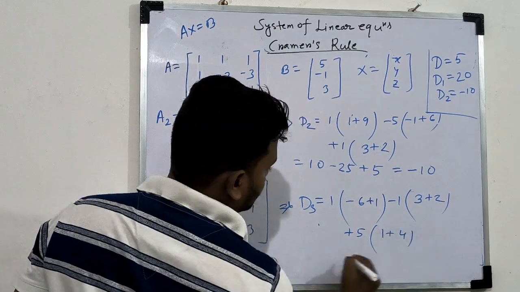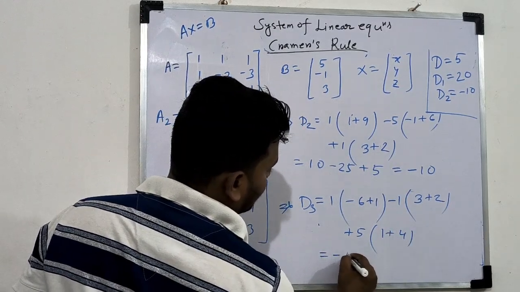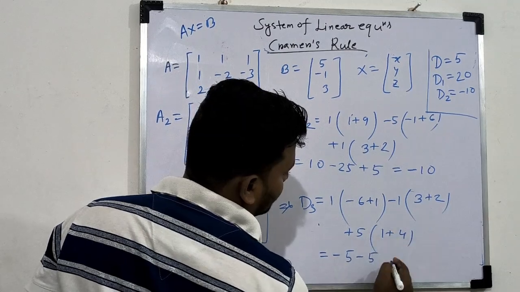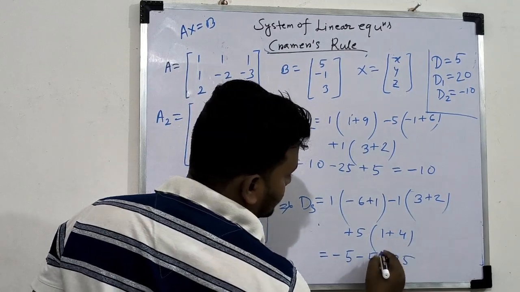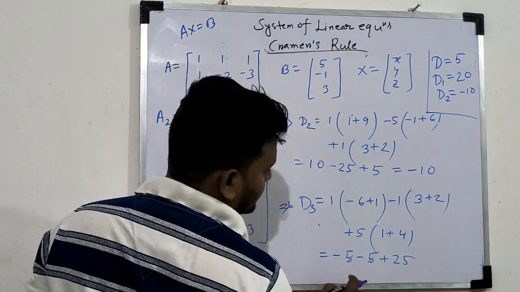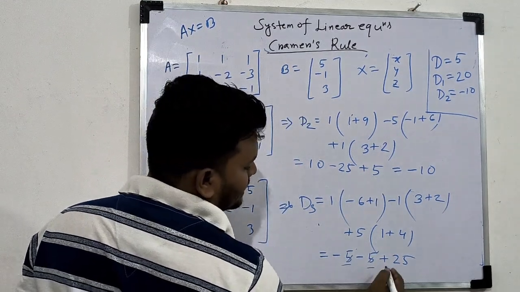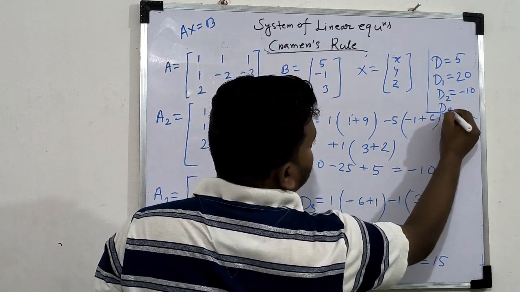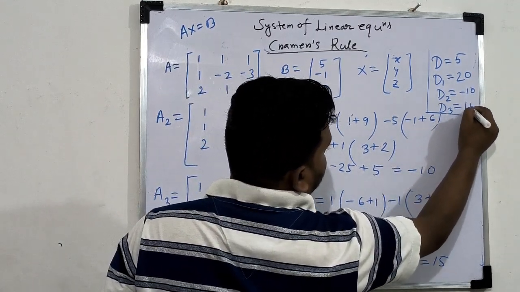So this will be minus 5, minus 5, and this is 5, 25. So this minus 5 minus 5 is minus 10, plus 25, that is plus 15. So D3 will be plus 15.